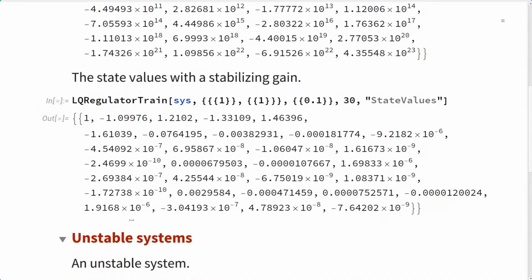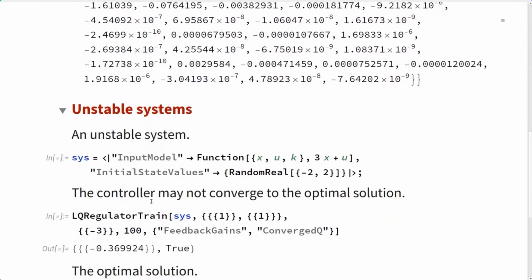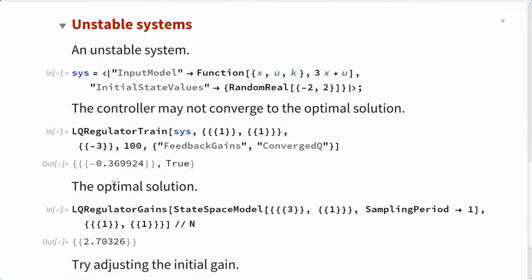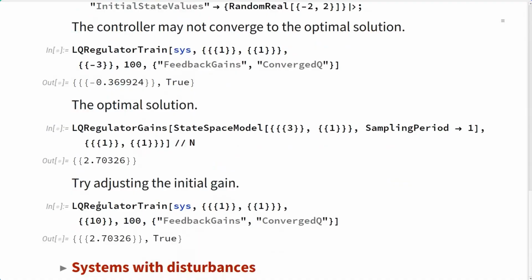For unstable systems, this problem is even more exacerbated, because it's going to blow up. So it's very important that we give a good enough gain so that the system does not blow up. Here, I've tried with some gains and it did not converge to the optimal solution. Then I adjusted the gains and got it back to what the actual results should be.